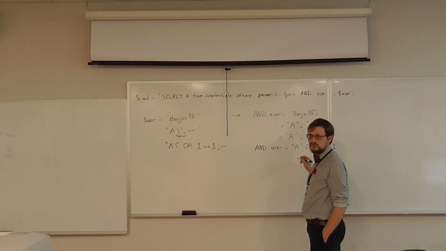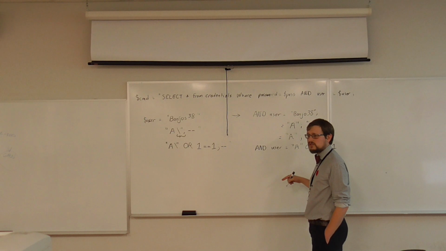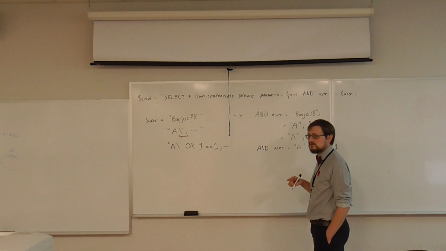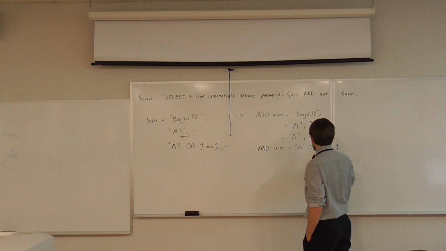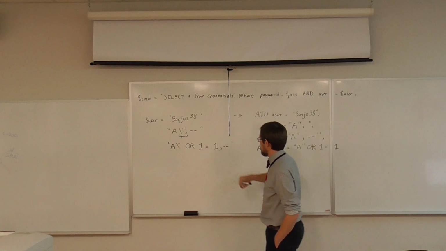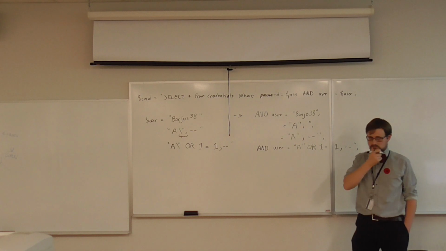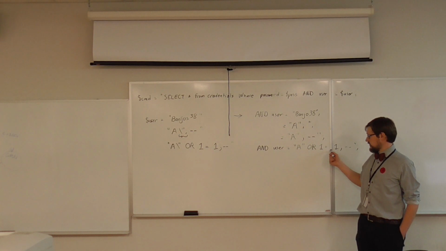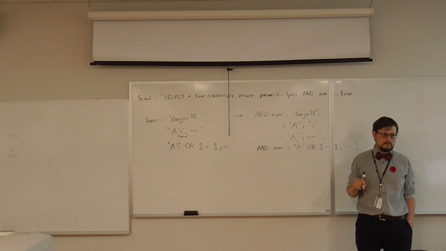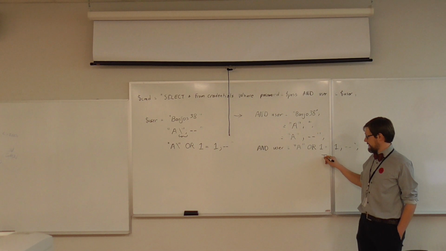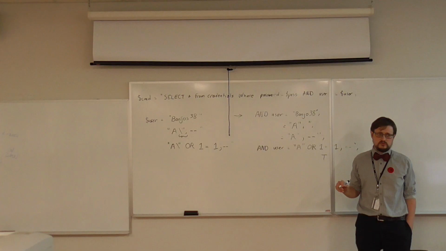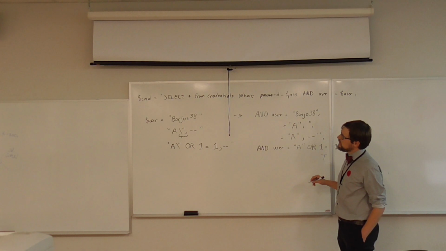I think double equals still works. I think in SQL it's optional, right? You can use single equals or double equals. I'm pretty sure that works. Is it single? Okay, I'll change it then. There we go. What does 1 equal to 1 evaluate to? True. Every time. What does anything or true equal to? True. Every time. So what does this mean?